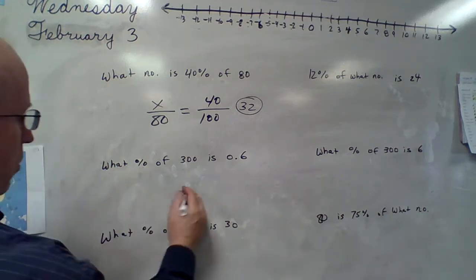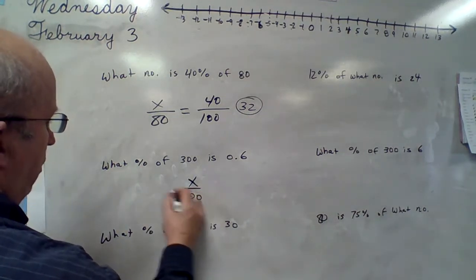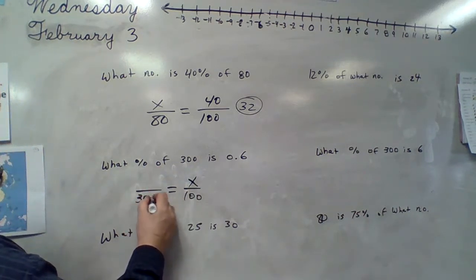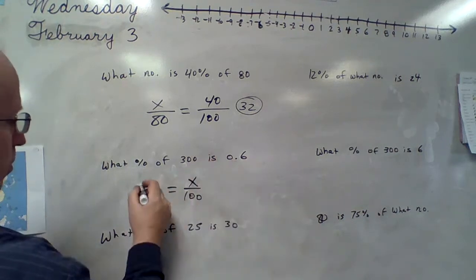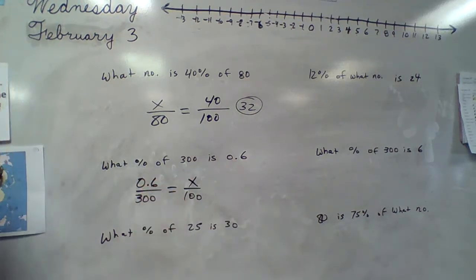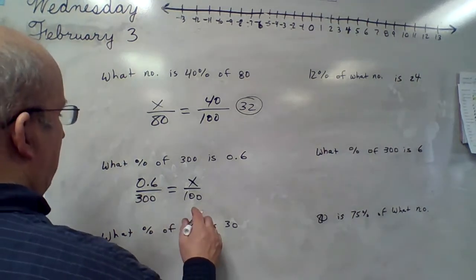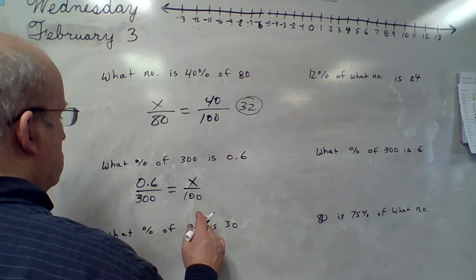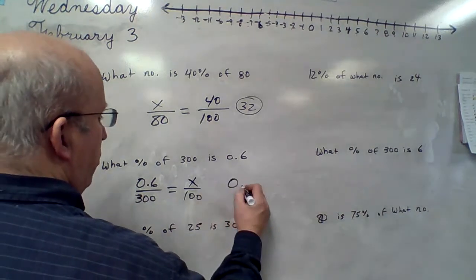What percent? So that's x over 100. What percent of 300, that means the 300 goes on the bottom, is 0.6? If I do the math on this, I think it's 0.2.